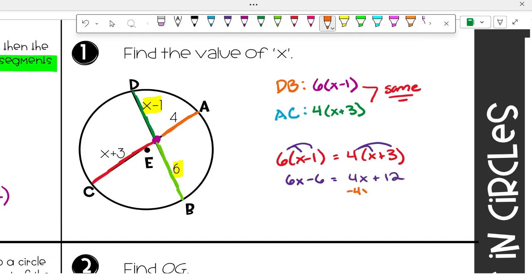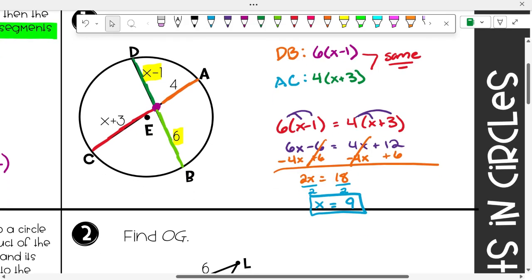So we can move the 4x, and you might as well add the 6 while you're at it, just so you have variable on one side, constant on the other. That goes away, and that goes away. So I get 2x is equal to 18. And divide by 2. X is equal to what? 9.